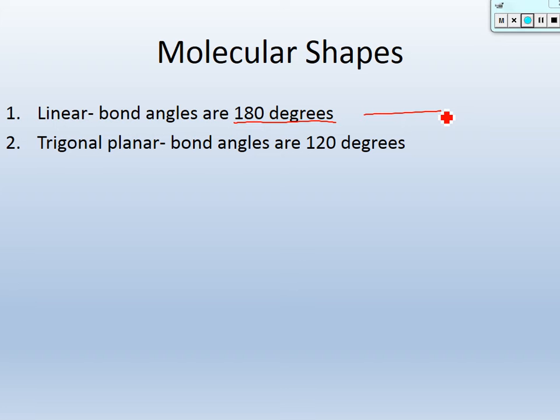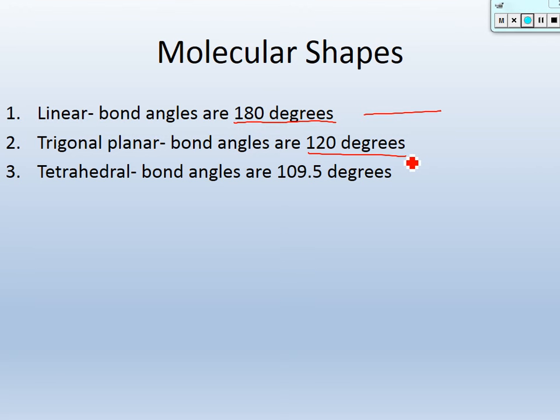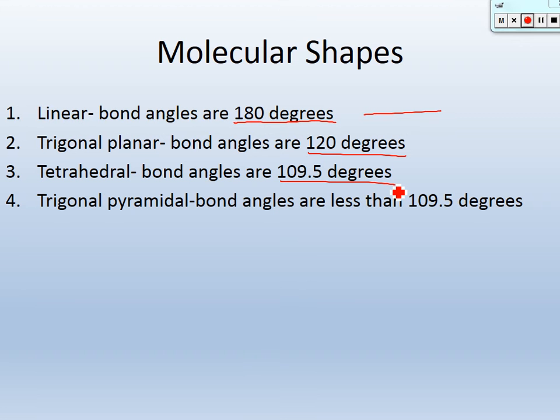Trigonal planar, and the bond angles are 120 degrees. I'll show you what that looks like later. The third one is tetrahedral. Tetrahedral, the bond angles are 109.5 degrees. Between each bond, you could measure that angle, and it would measure 109.5.